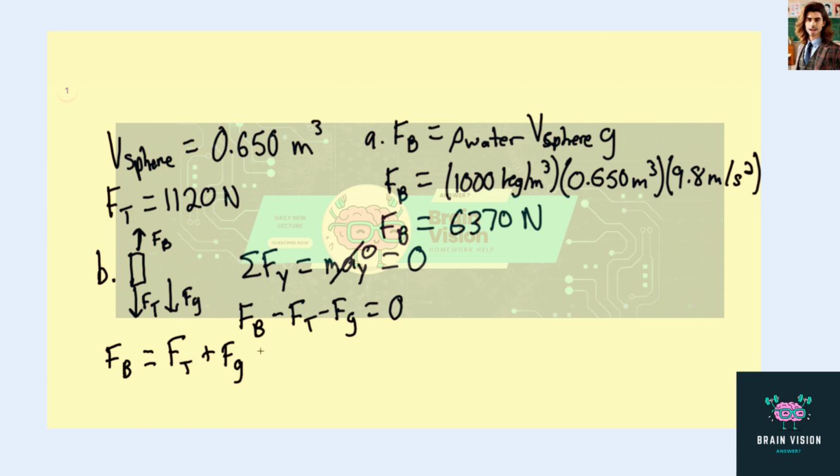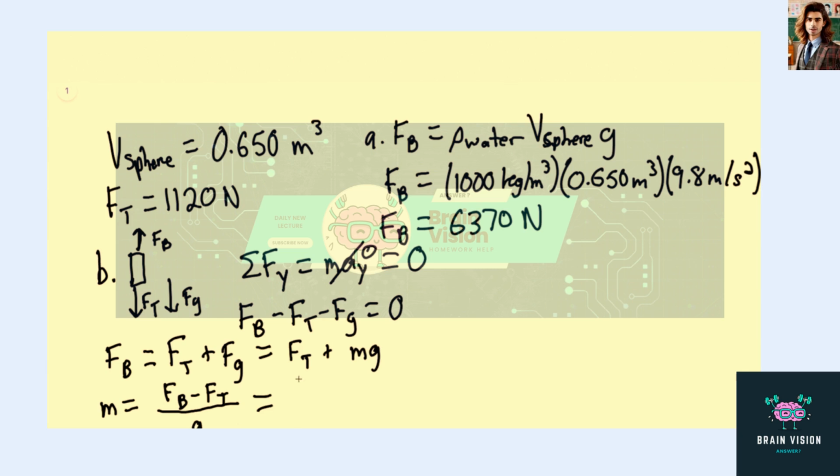Now, we need to solve for the mass. So the force of gravity of the sphere can also be force tension plus mg. Once we have this, we can isolate m, and we can say that m equals the buoyant force minus the force tension all over the acceleration due to gravity.